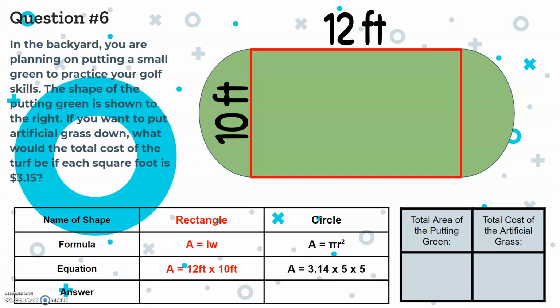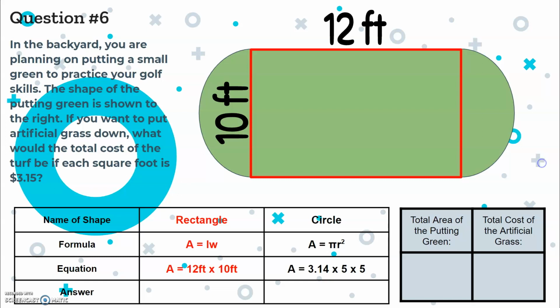That's what you do. Once you've done that, make sure you label everything. So make sure your total area has feet squared, and make sure your total cost has the dollar sign on it. So that way we know what exactly we're doing. Don't just throw some numbers out there. And once you've done that, then you are done.